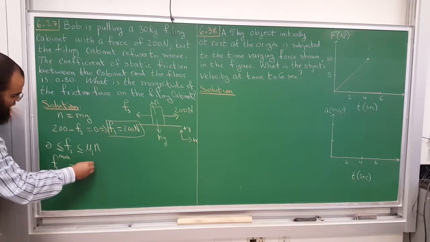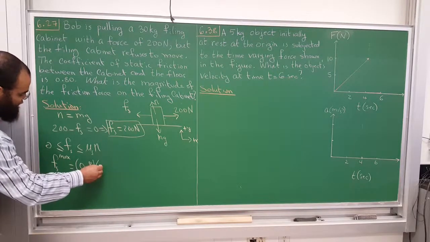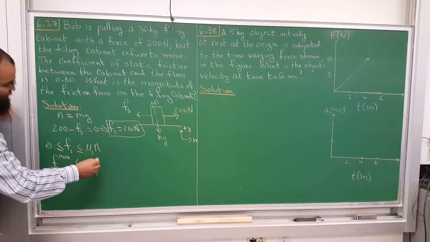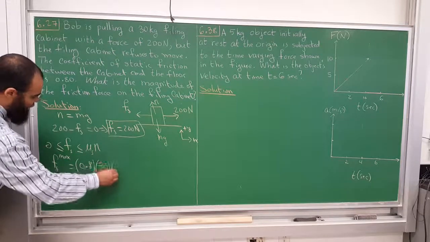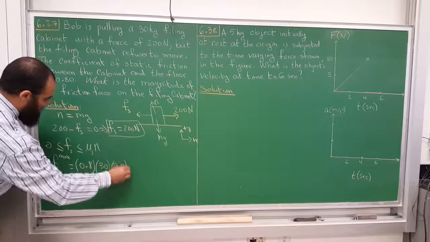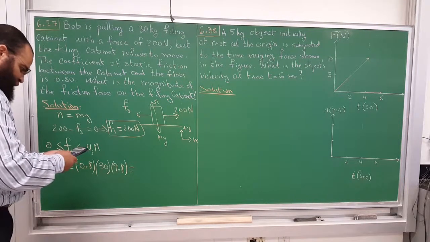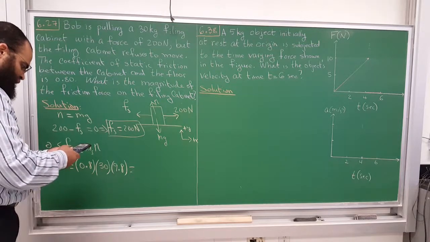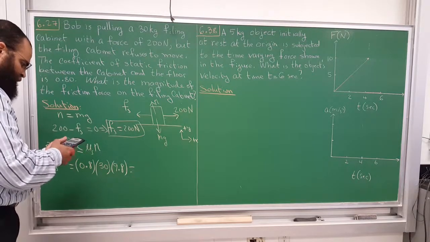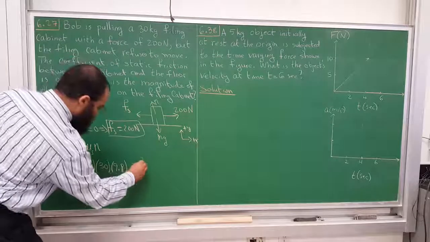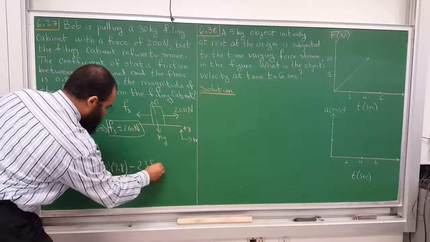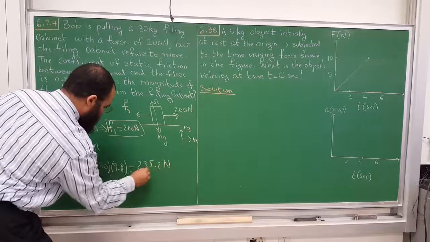Mu s is 0.8, and the normal force is mg. The filing cabinet is 30 kilograms times 9.8. So you might be inclined to say it's 0.8 times 30 times 9.8, so that's 235.2 newtons.